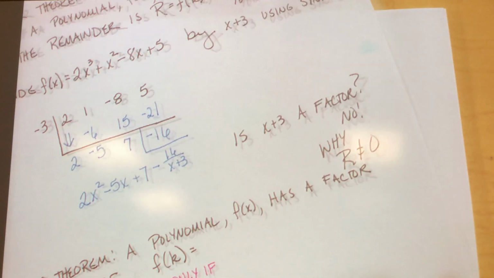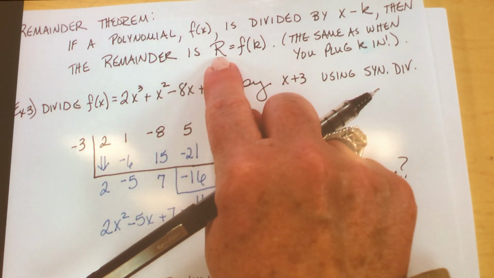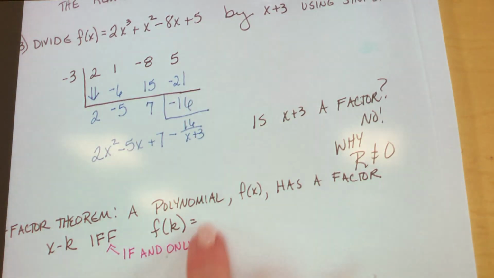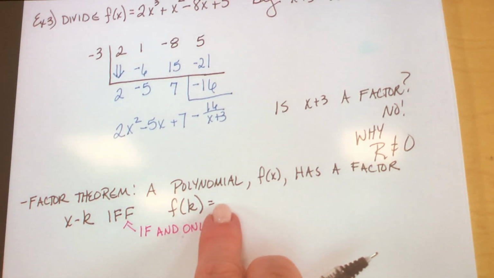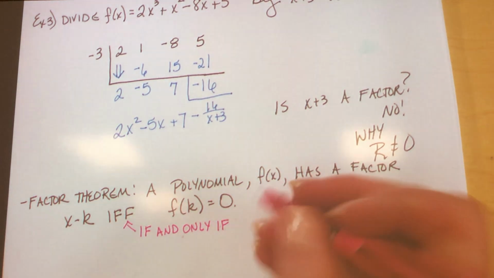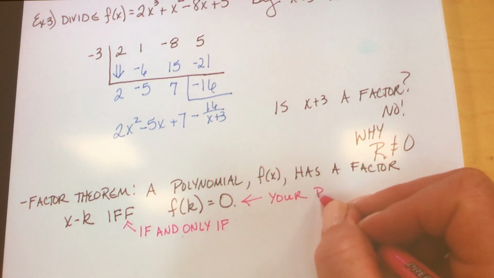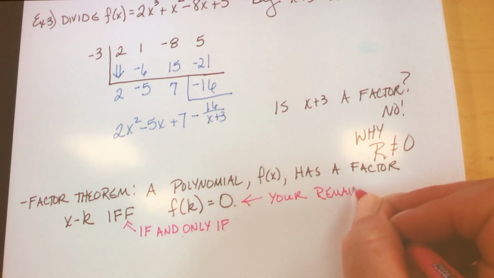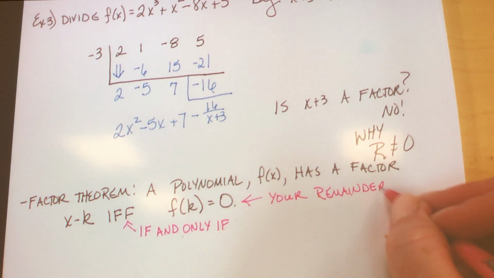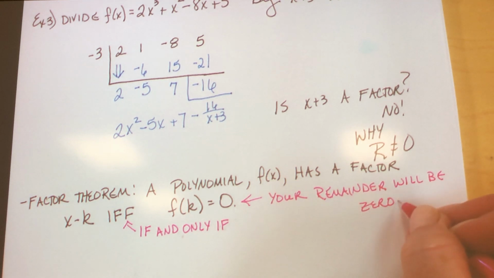That's going to be my remainder. And what should it be if it's a factor? 0. Very good. So this is just another way of saying your remainder will be 0. If it's not 0, it's not a factor.